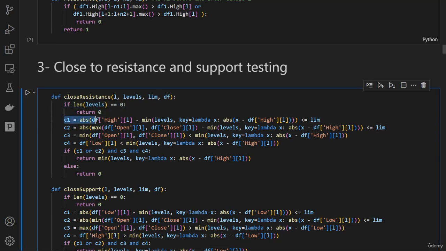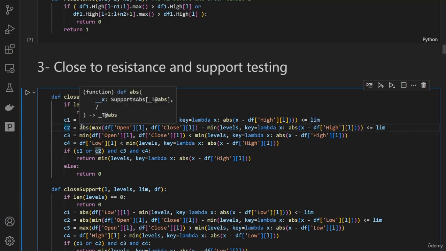And this is done here in this first condition. So we're looking for the closest resistance level to the current high of the candle, and we're checking if the distance between the high and the closest level is below or equal to the limit parameter.